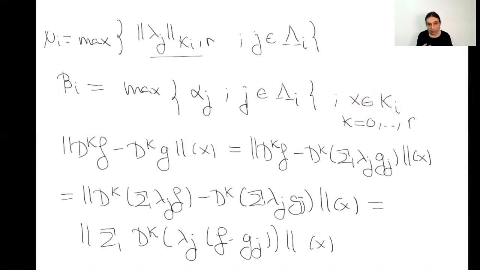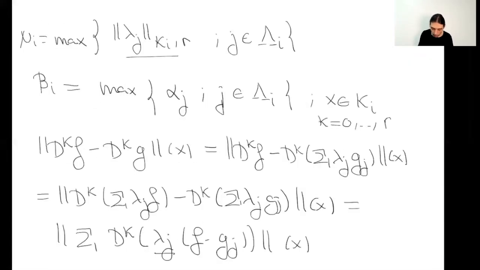As I said, these lambda j's are 0 in a neighborhood of x, except if j belongs to lambda I. So, in order to estimate this expression, again, let us make clear that x belongs to ki.